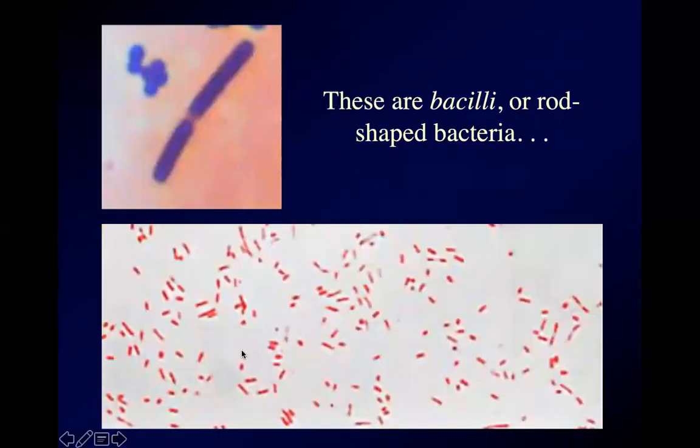Rod-shaped bacteria, shaped like rods. If you could see one up close in 3 dimensions, it would look like a sausage. These are bacilli. Bacilli is Latin for little rod. And up there at the top left, you can see a couple of bacilli up close.